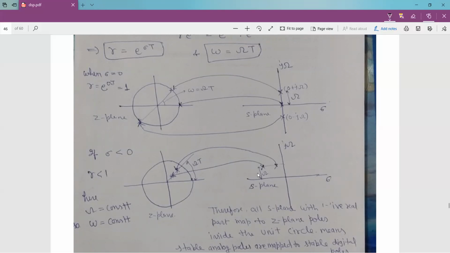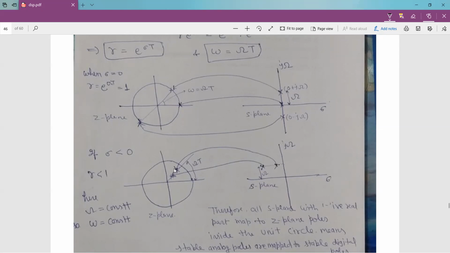First, if we fix the phase value omega, and there are two poles at two different values of sigma, both less than 0, so both sigma values are negative. This value is more negative than that one, so the corresponding radius will be comparatively smaller, but both have the same phase location.